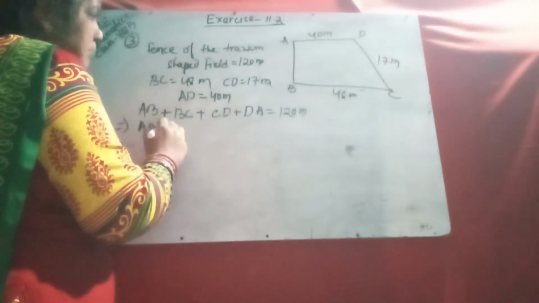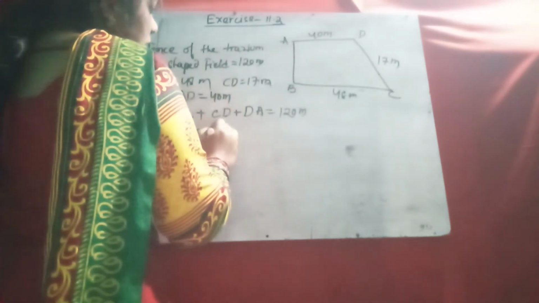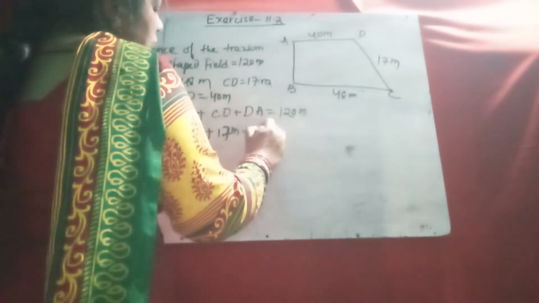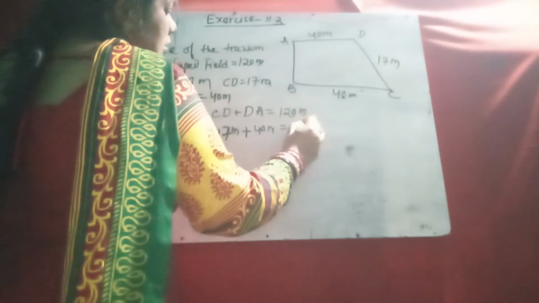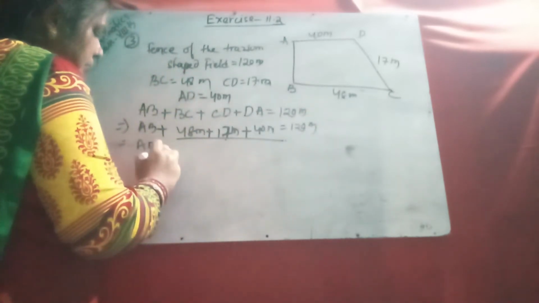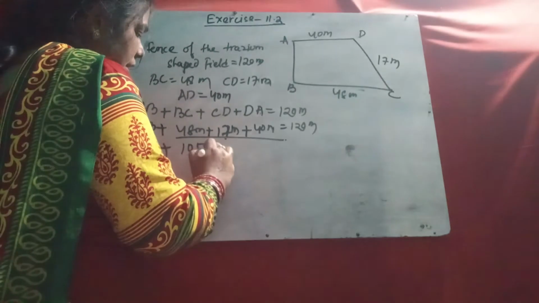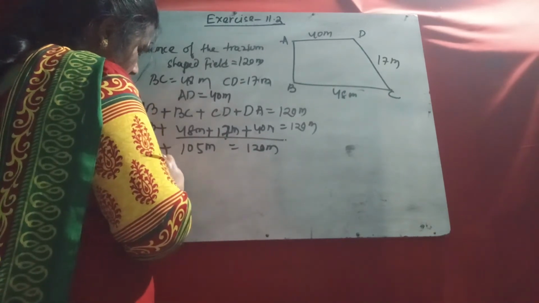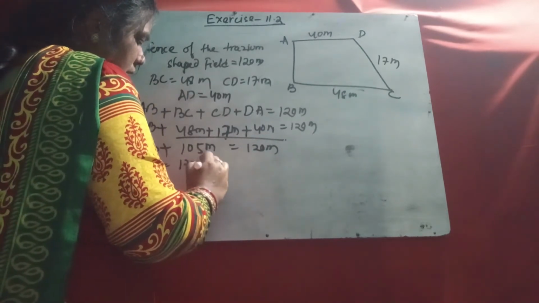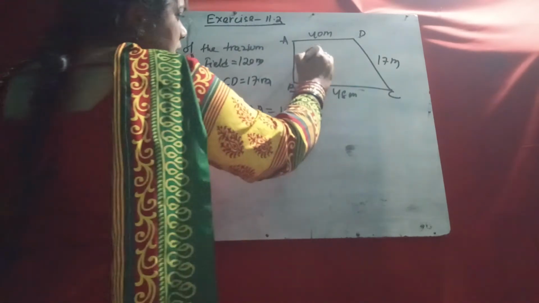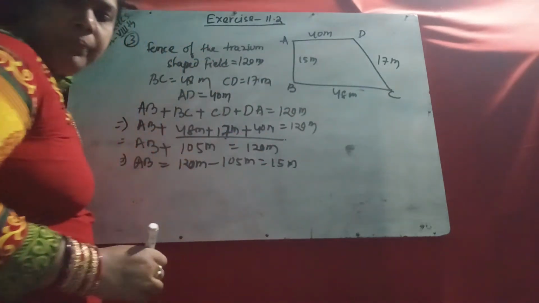AB you don't know, and BC is 48 meter plus CD 17 meter plus DA 40 meter equals 120 meter. So add these three: AB plus 105 meter equals 120 meter. Then AB equals 120 meter minus 105 meter, that is 15 meter.